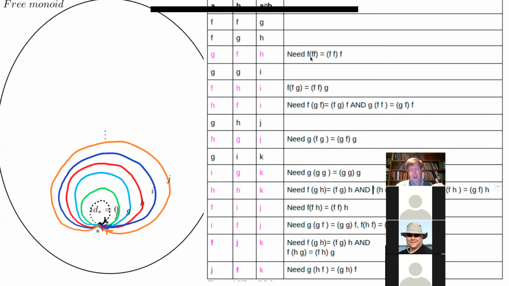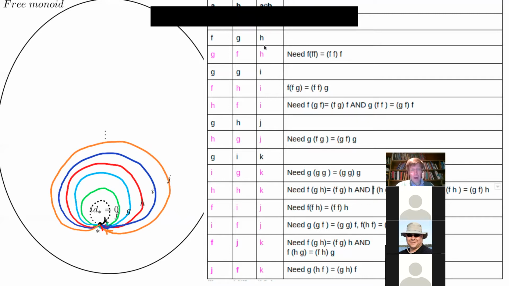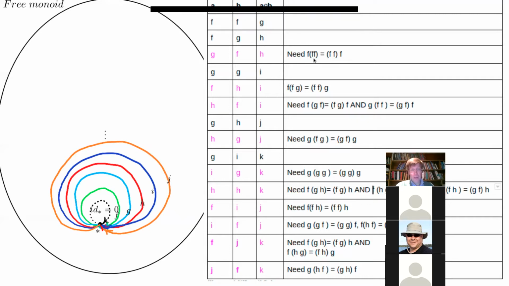We need clearly F combined with FF to be the same as FF combined with F. And FF is none other than G. We combined F and F to be G. So this is saying FG equals GF. So we're going to have to reuse H. We can't allocate a new name for it because it's got to be H by the rules of associativity.